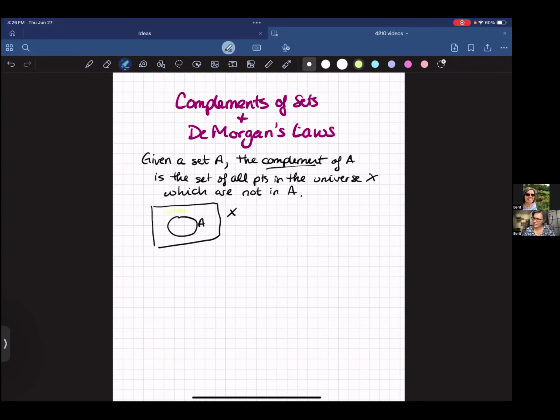Complement is all the stuff that's outside here. Okay, so that's the complement.